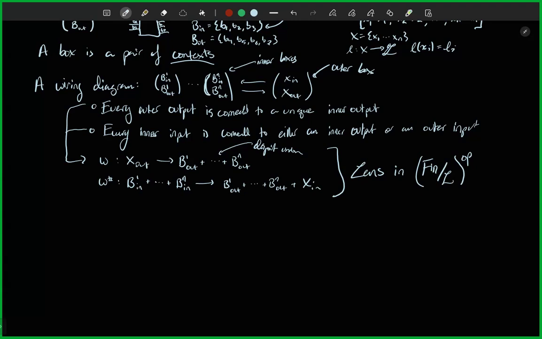And where we used to have maps going one way, we now have maps going the other way because we took the opposite category. So that's the main observation here.